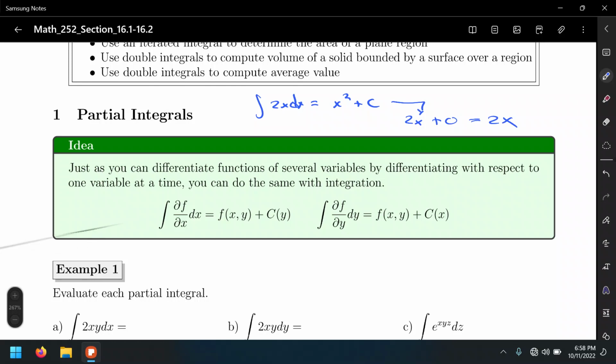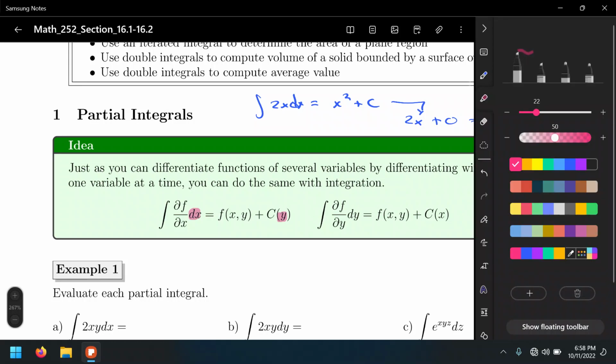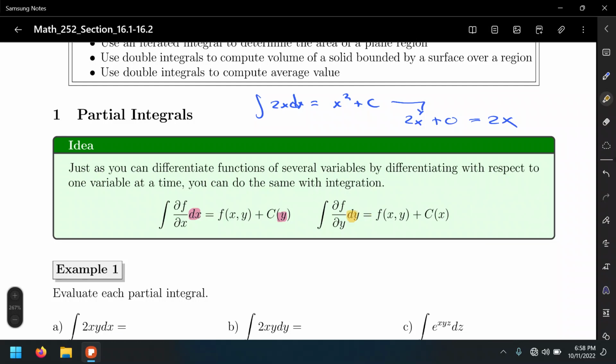But since we integrate with respect to x, that constant of integration will be a function of the other variable, which in this case is y. If we integrate with respect to y, that constant of integration will be a function of the other variable that wasn't involved in the integration.